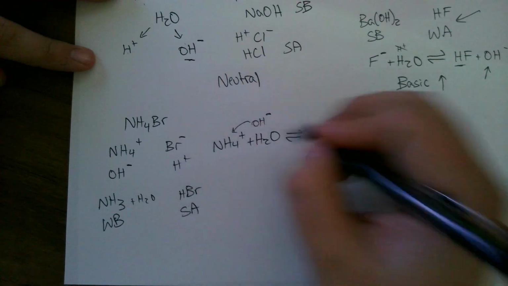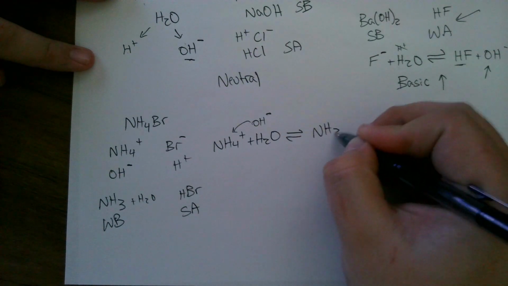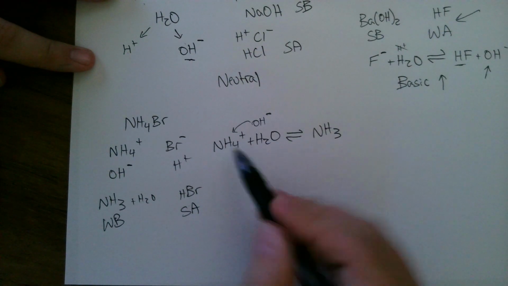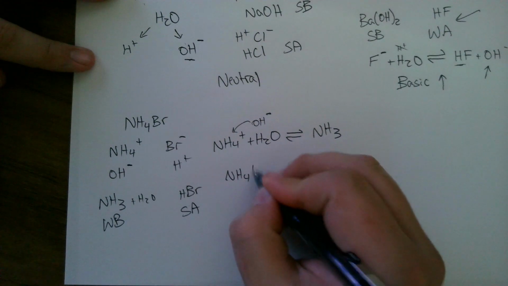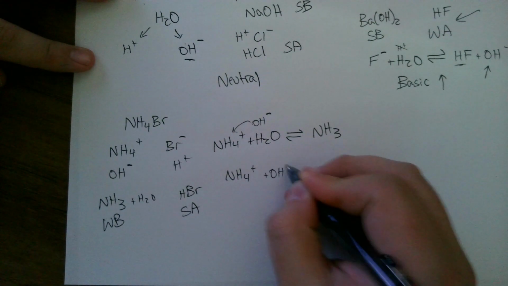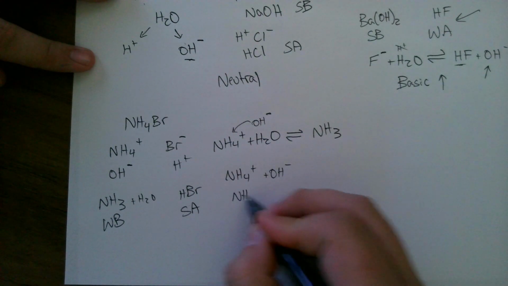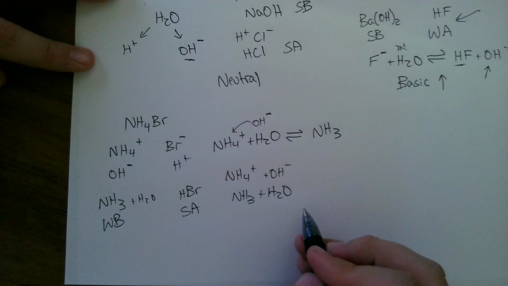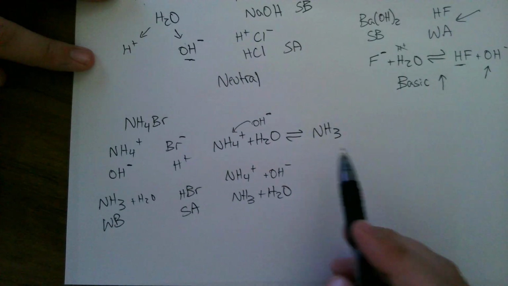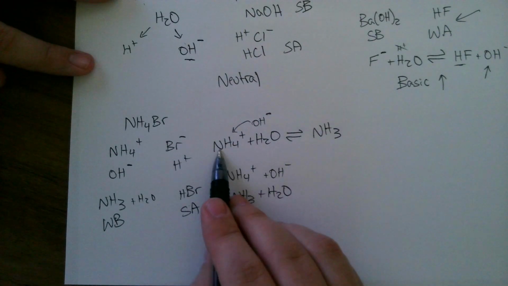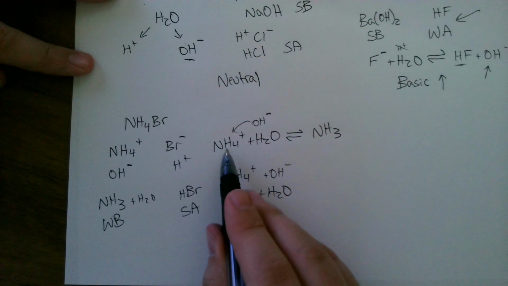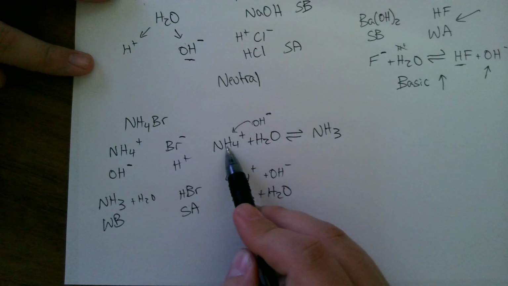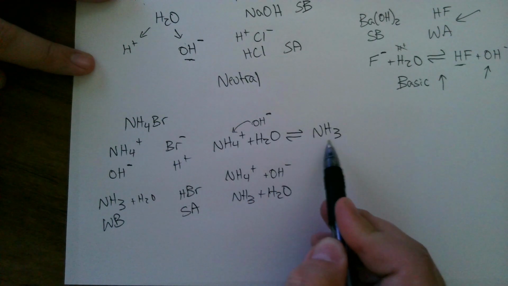So the water ends up just kind of going away here. When you add OH minus to this, it makes NH4 plus OH minus. So it actually ends up turning into NH3 plus water, and the water just kind of goes away into the solution. It's really weird looking. That's why it's sometimes helpful to think of NH4 plus as just donating a proton. It donates a proton away and just ends up as NH3.